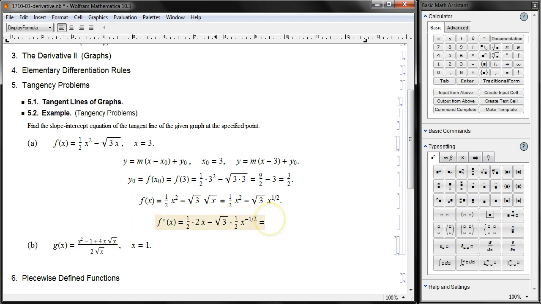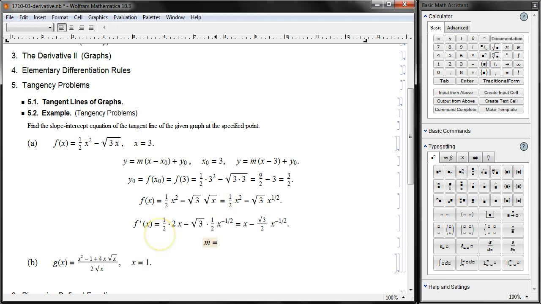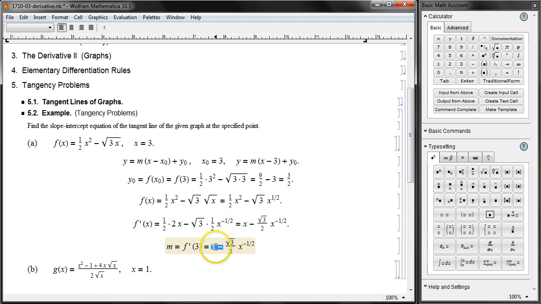And then let's simplify. x minus square root of 3 over 2 times x to the negative 1/2 power. That's the derivative function. And let's find the slope. Plugging in x equals 3.